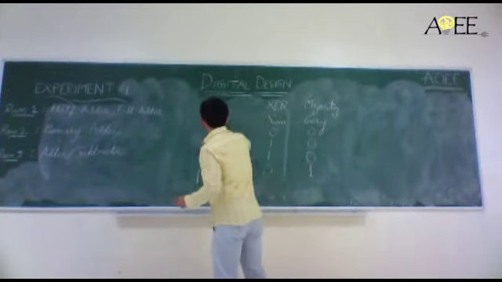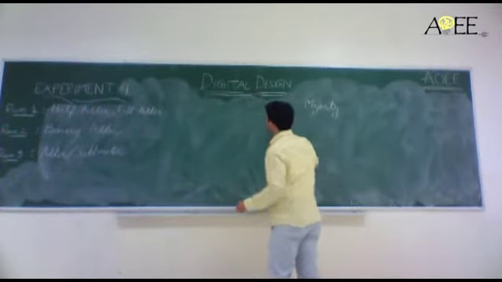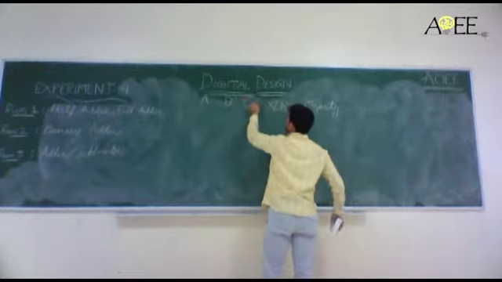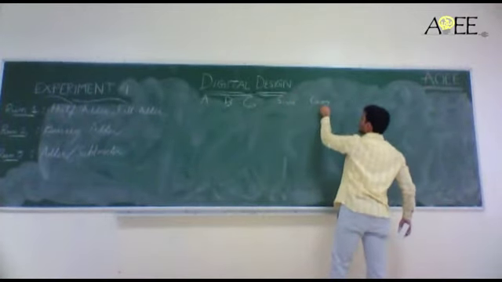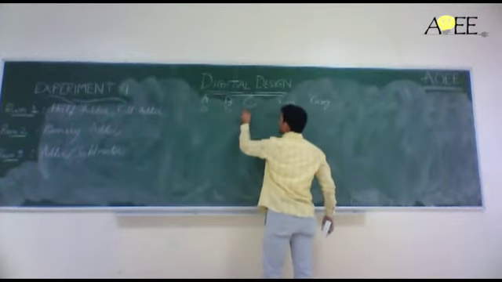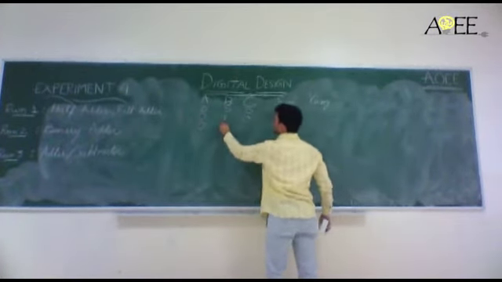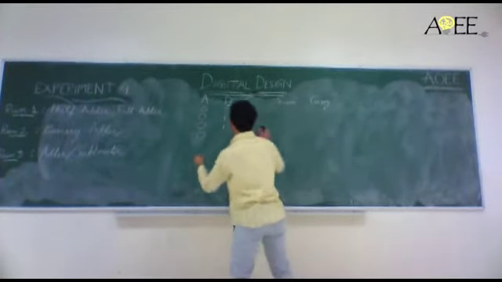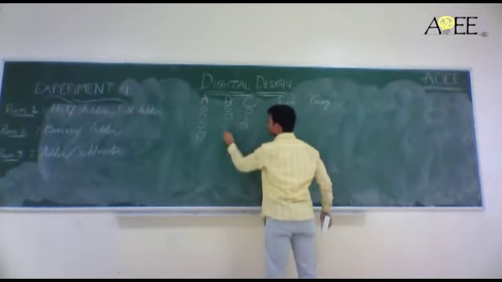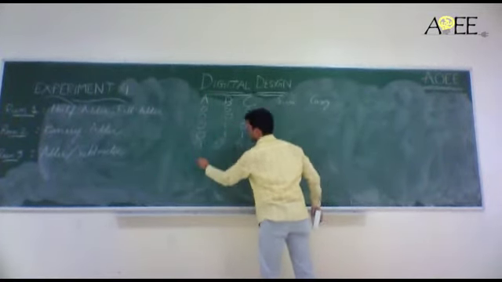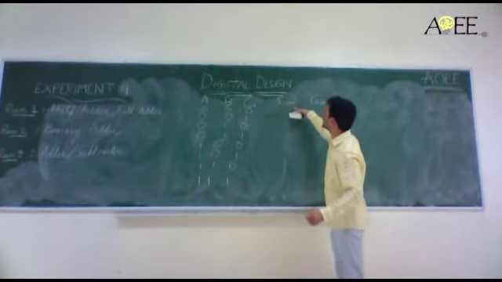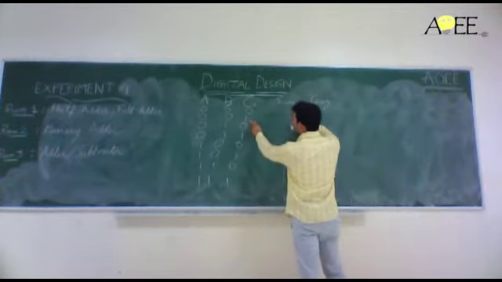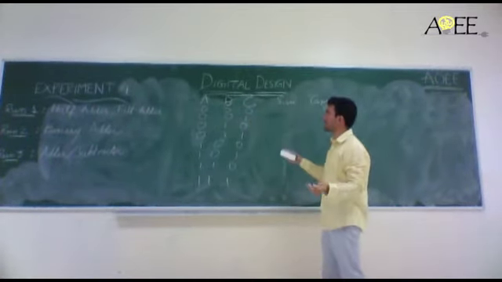So sum, you can proceed by the normal logic of summing A plus B plus C, or directly, because sum is XOR and carry is majority, directly write: if an odd number of ones are high, then the output is high, otherwise low.